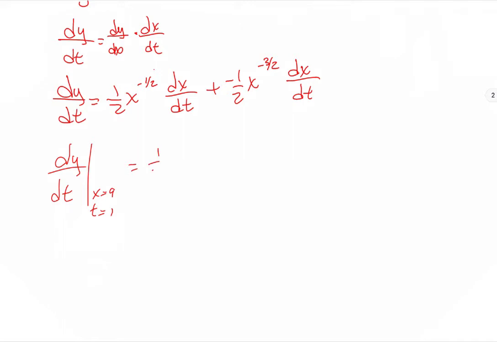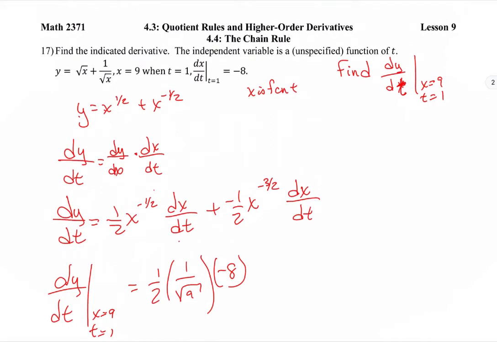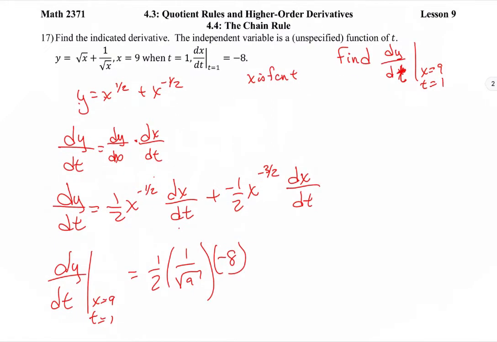So that is 1/2 times 1 over the square root of 9 times dx/dt at 1, and that was -8, because it told me up here that dx/dt of 1 is -8, and that x is 9.